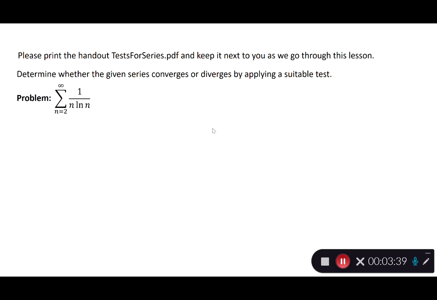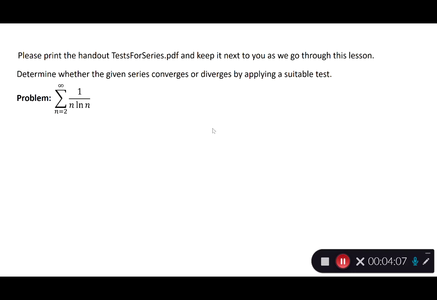Our intention is to figure out whether the series converges or not. I'm sorry I don't have it as a statement here, but if you keep that handout next to you, you will see the integral test. Let me read what it says.